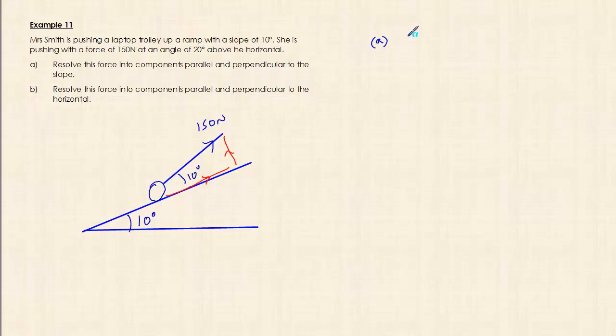So let's call the force F, and we can see that that would be 150 cos 10 in this direction, and then 150 sine 10 in the direction perpendicular to the slope. Now if we consider the situation to the horizontal, then we're resolving this way and this way. The angle now is 20 degrees.